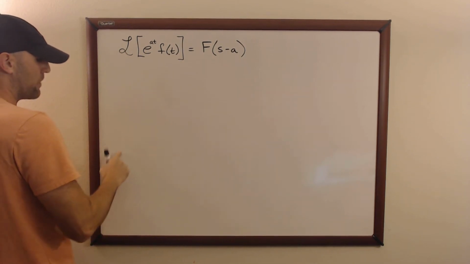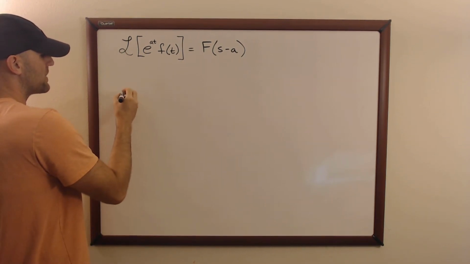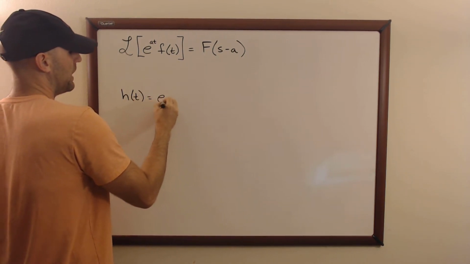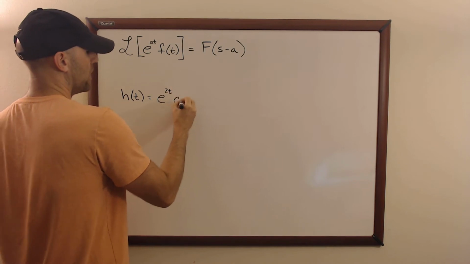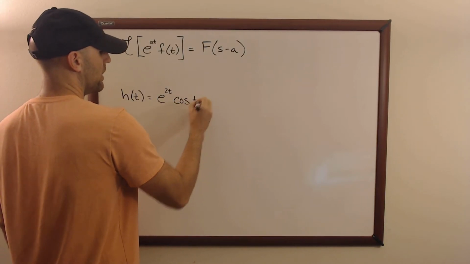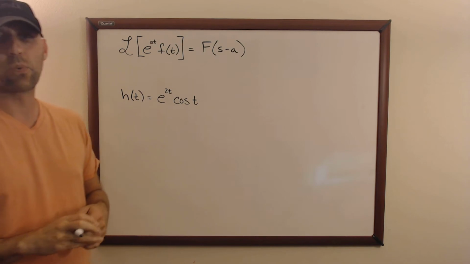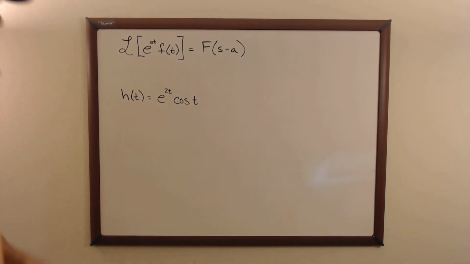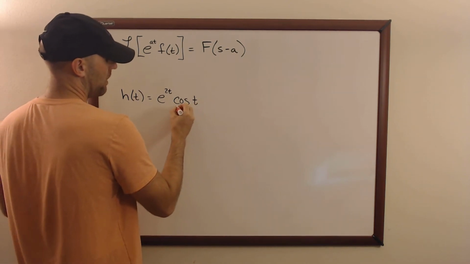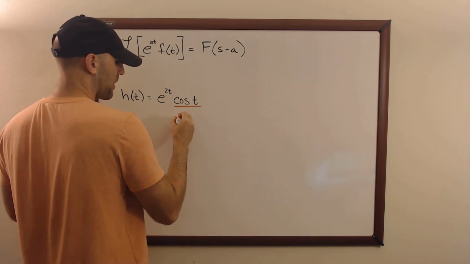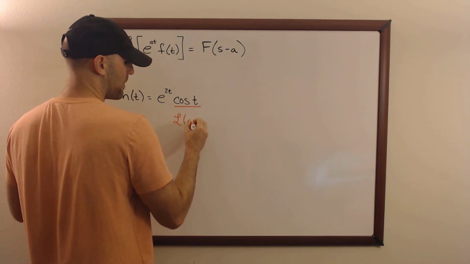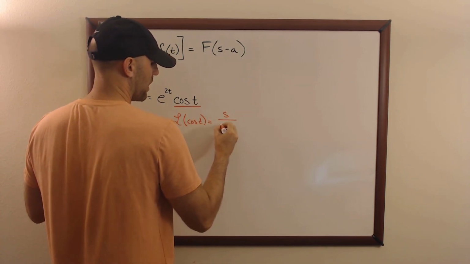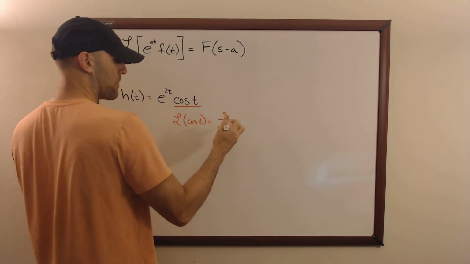Okay, so for example, let's let h of t be e to the 2t times cosine t, right? So what I'm going to do here is look at the second function, cosine of t. I know that the Laplace transform of cosine of t is s over s squared plus b squared, but in this case b is 1.